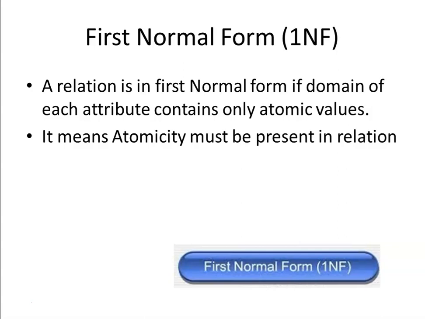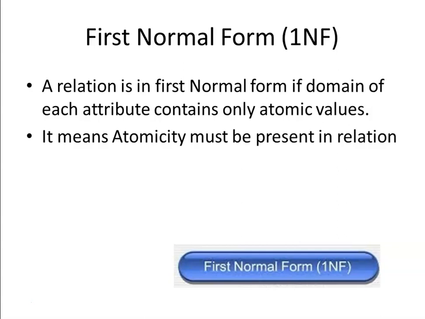If you store the full name of the student as one attribute, then the value is not atomic, or atomicity does not exist in your table. So what we do is we break this attribute into three different attributes, that is first name, middle name, and last name, and only then can we say that the value is atomic.